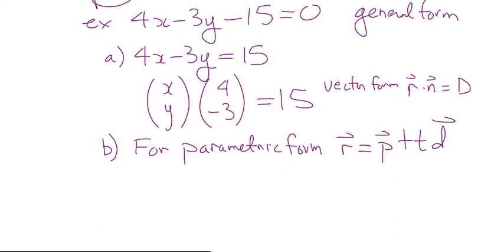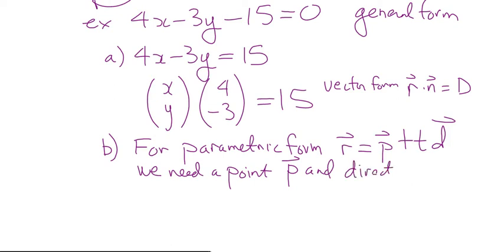So to get into parametric form, we need a point p and a direction or slope d.